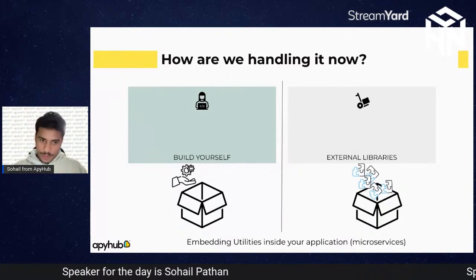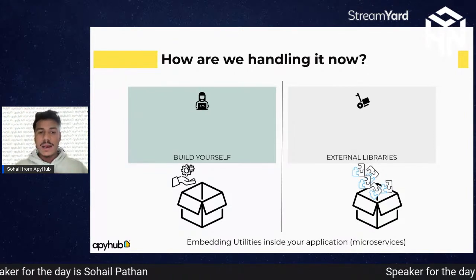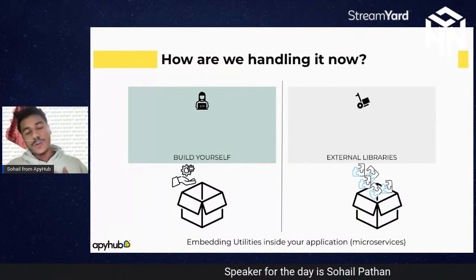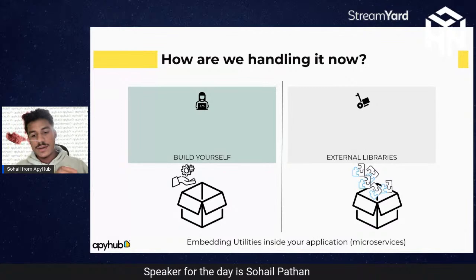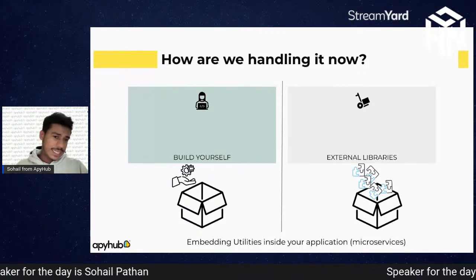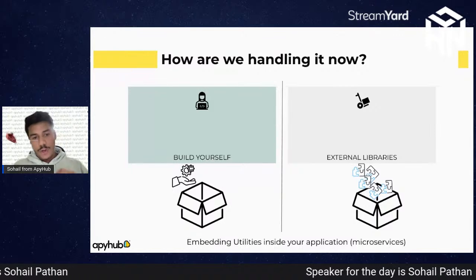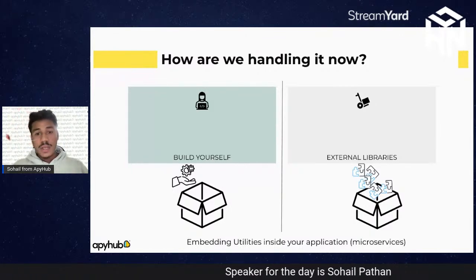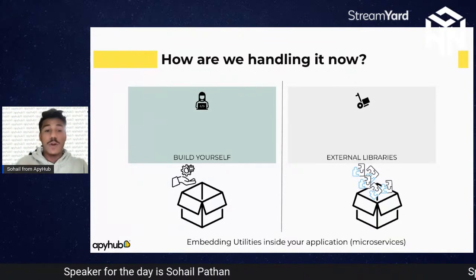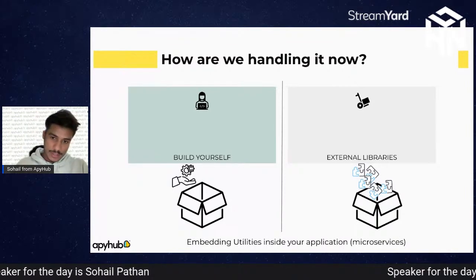There are two ways in which you basically try to implement utilities in your application. We are developers, so we always try to find a way. We don't want to do anything from scratch, but we definitely want to find easy-to-use things where I don't have to invest a lot of time and cost, right?